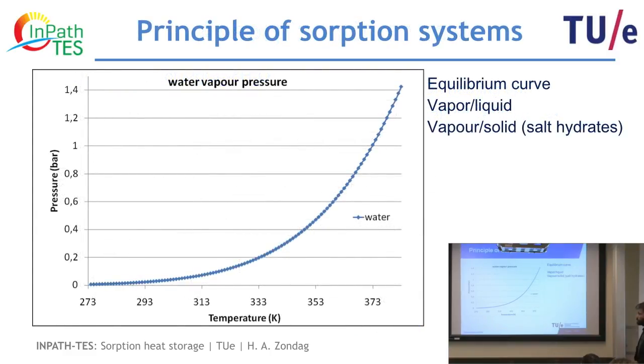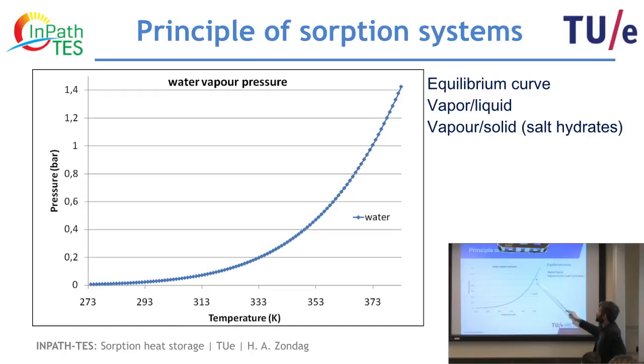To explain the concept of equilibrium further, it's convenient to first have a look at something that you already know, the equilibrium pressure of water in a system. I've shown you this curve when talking about pressurized water and steam accumulators before. Here we have the temperature, here we have the equilibrium pressure in bar, and we can see that at 100 degrees our equilibrium pressure is exactly 1 bar.